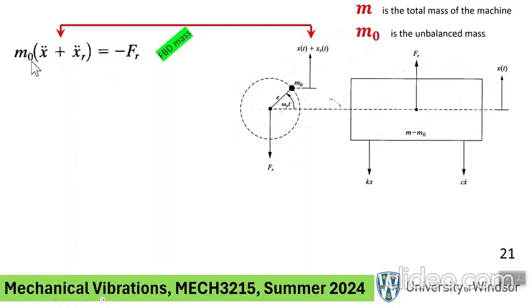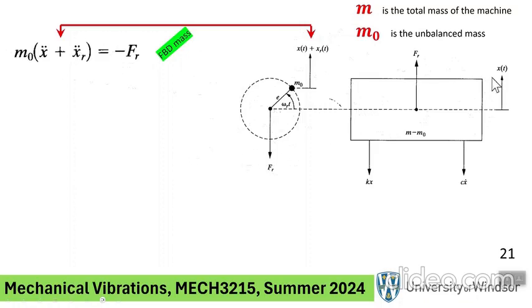The free body diagram of the mass gives: mass of the rotating component times its vertical acceleration, which is second derivative of x plus second derivative of xr, equal to the external force acting on it, which we assume to be minus Fr.